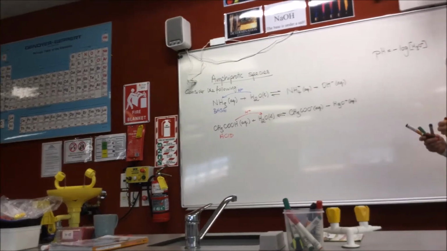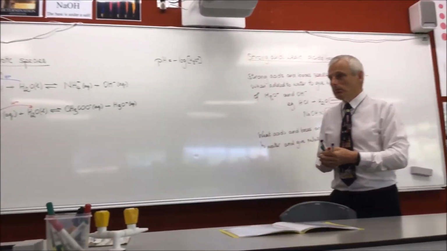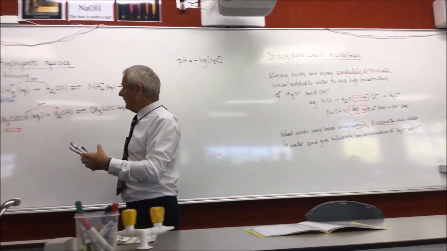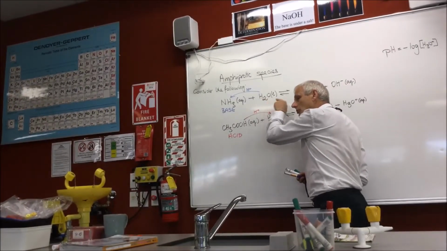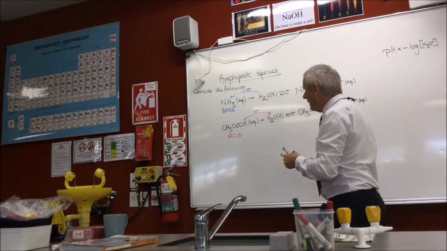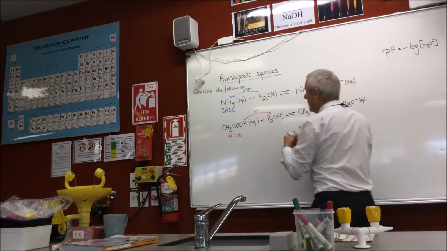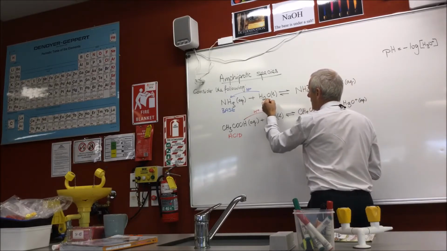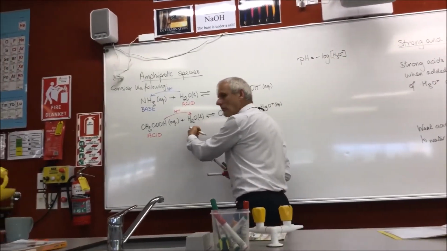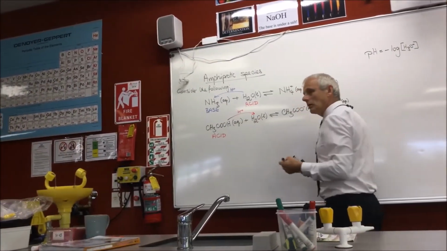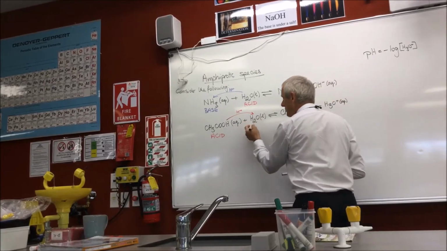Implicit in that is what's happening with water. In this case, water is donating a proton to the base, so that makes water an acid. And in the second example, water is accepting a proton from ethanoic acid, so that makes it a base.